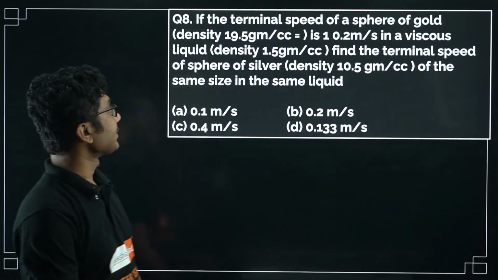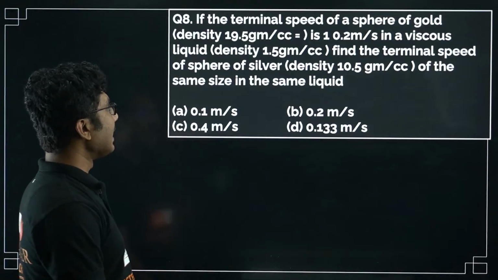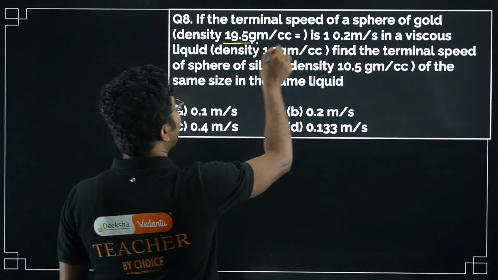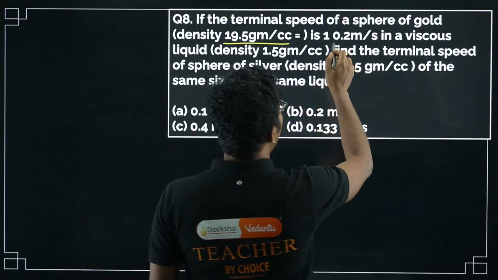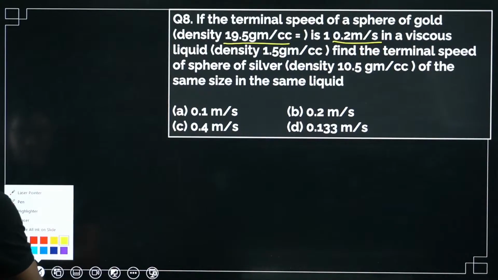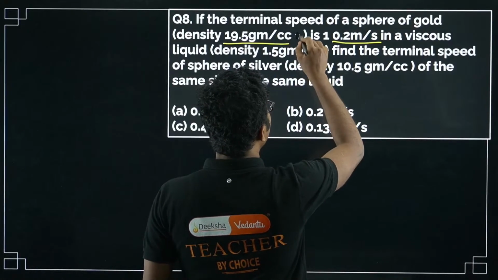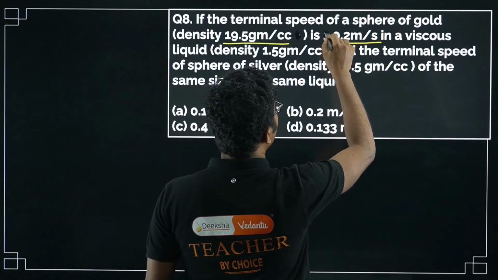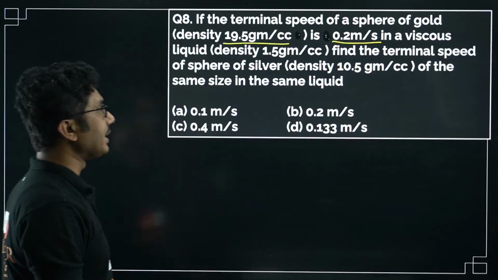Now the next question: if the terminal speed of a sphere of gold of density 19.5 gram per cc is 0.2 meter per second. There is some typing error present in this. Let me erase that. It is not 1.02, not 10.2, it is 0.2 meter per second.